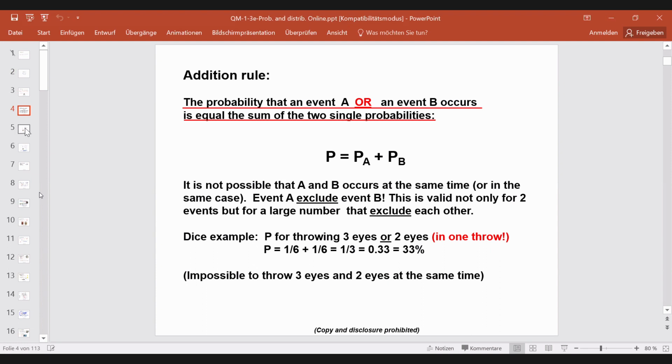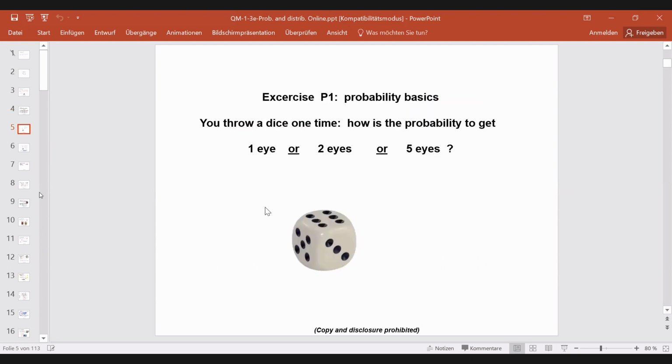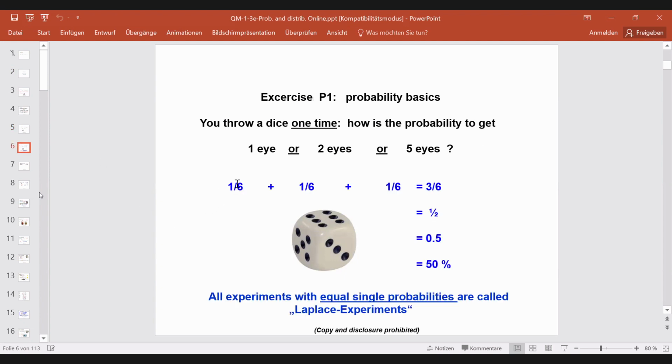So this is a very simple example. Here is another example, also very simple. What is the probability to get 1 eye or 2 eyes or 5 eyes? The single probability to get 1 eye is 1 to 6, to get 2 eyes also 1 to 6, and to get 5 eyes also 1 to 6.